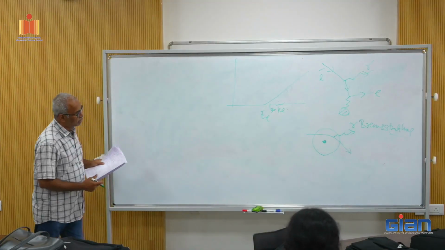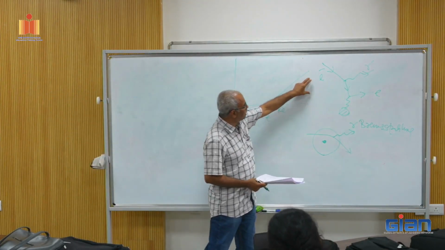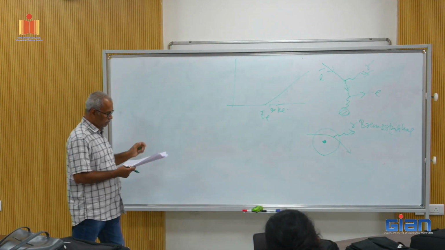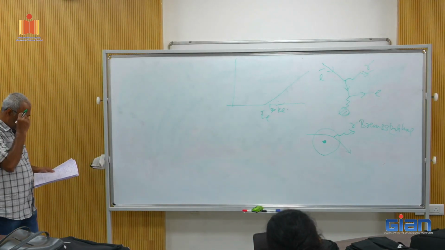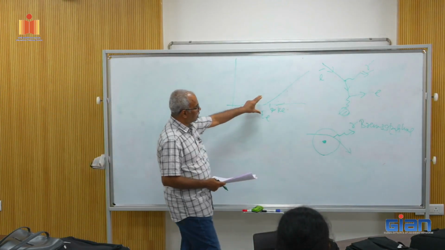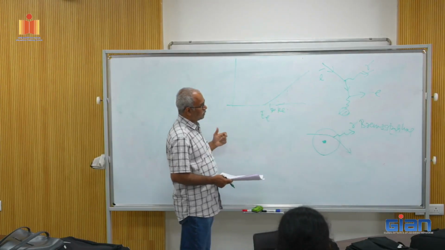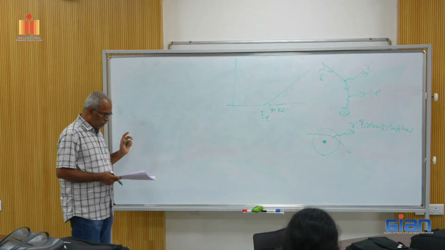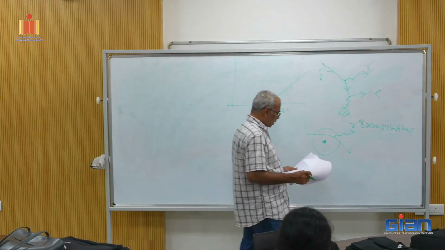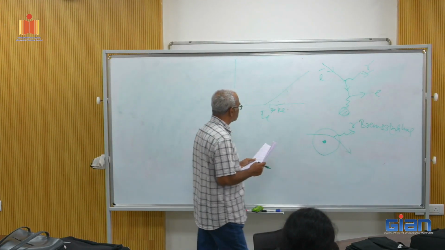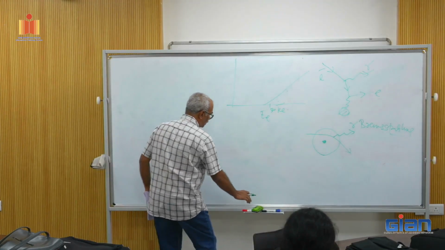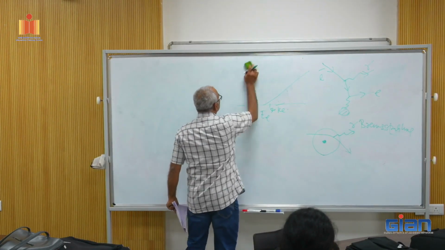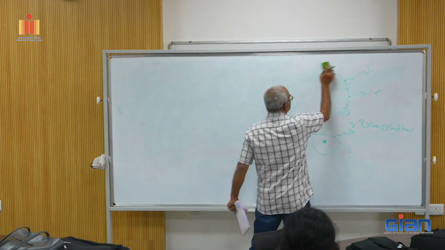Similar to the pair production, there will also be a Bremsstrahlung effect, but it is not that dominant compared to the other effects that I already mentioned. This was not the main process that we wanted to discuss. The main processes were photoelectric effect, Compton effect, and also the pair production. So these are some of the processes that will be looked into when you look at the photon interaction with matter.